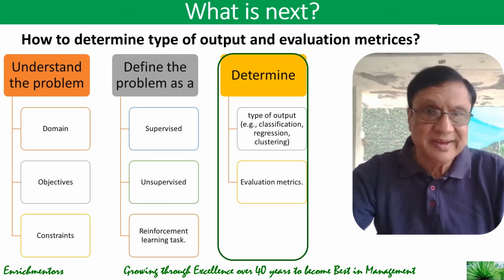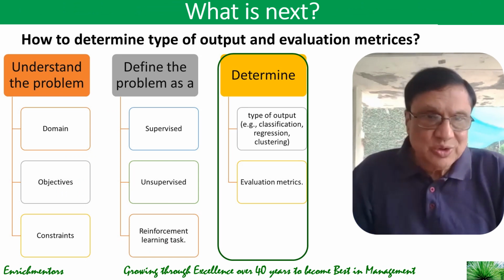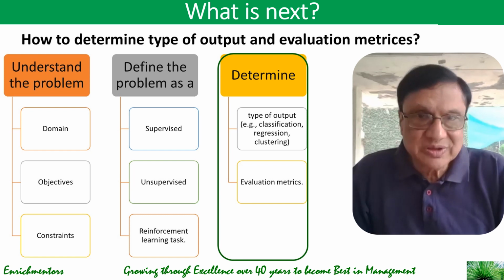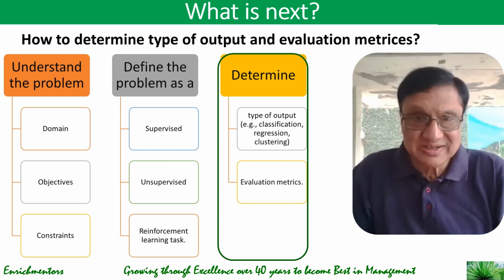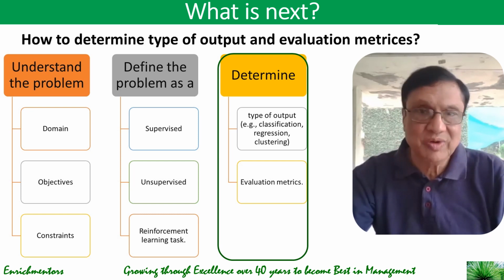Having done that, what do we do next? Having looked at the two steps, we will now talk about how to determine the type of output, whether it is a classification, regression, or clustering kind of output, and the associated evaluation metrics. That's what we will talk about in the next few lectures as we go forward.